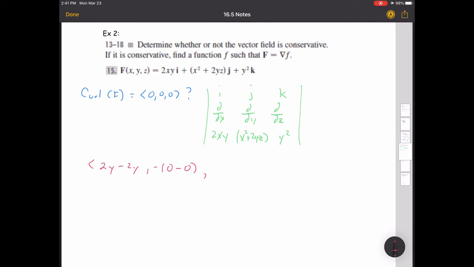And then the k part, eliminating the k row and column, I am going to get d/dx of x squared plus 2yz, that's 2x, minus d/dy of 2xy, which is also 2x. Perfect. So we do indeed get 0, 0, 0. That is our curl of F, which indicates that this is conservative.